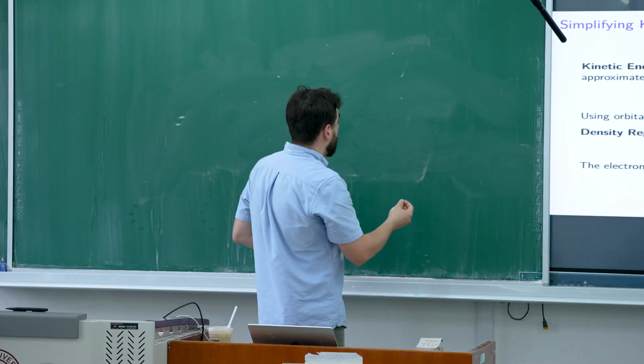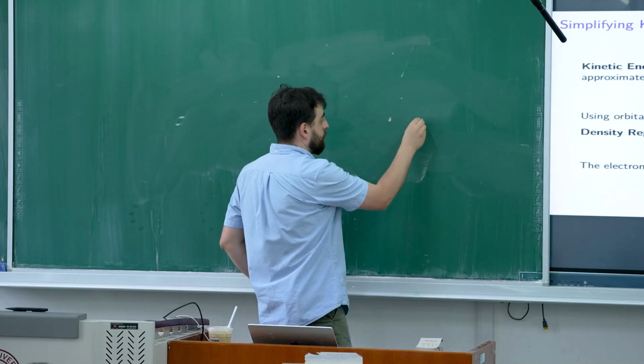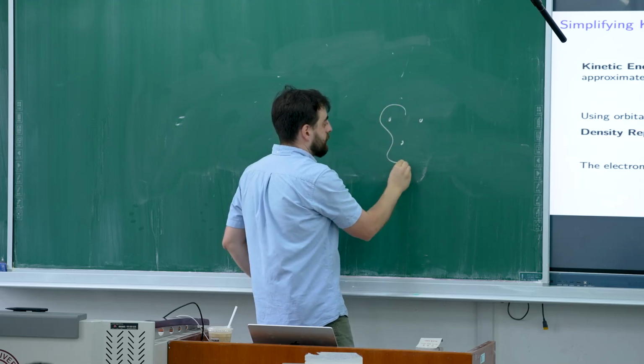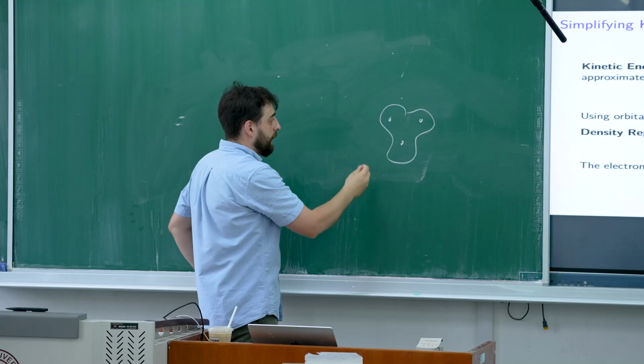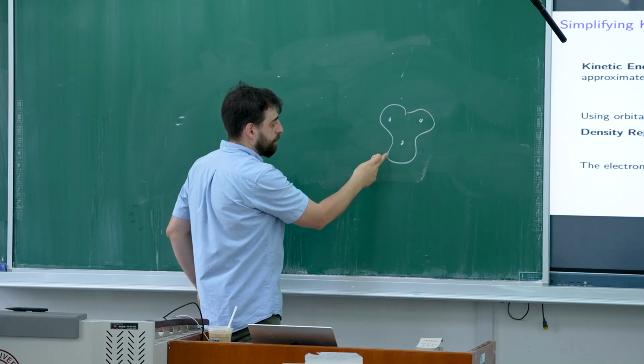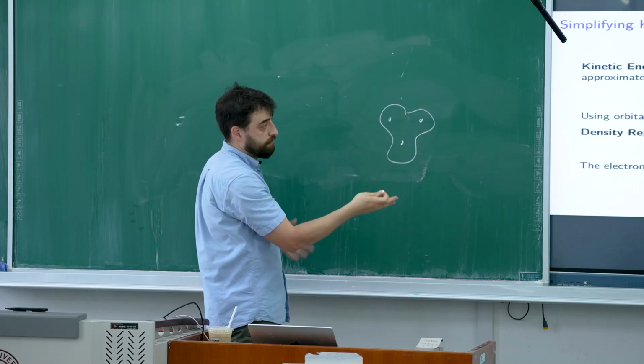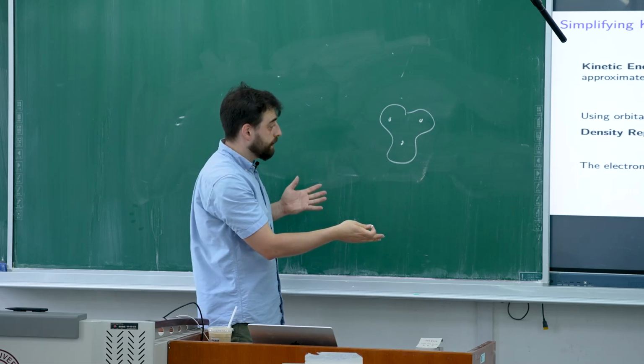And so what they effectively said was, if we have a system of some atoms, and it has some electron density around it, and this is the so-called many-body density, okay?